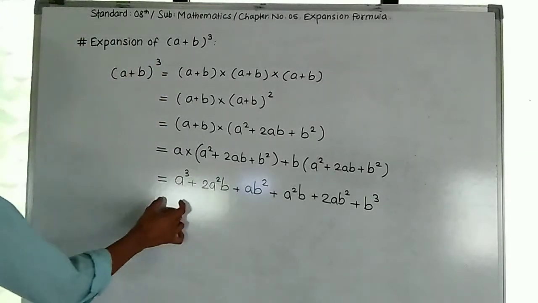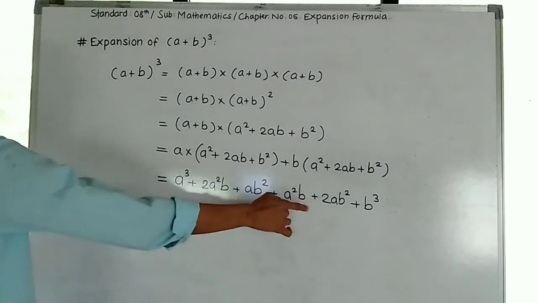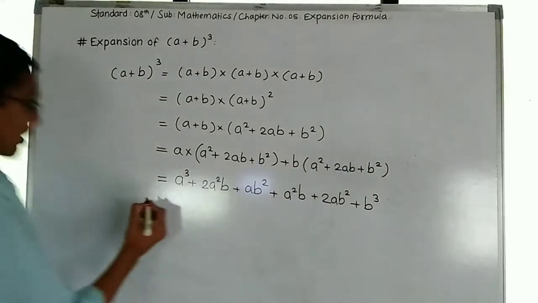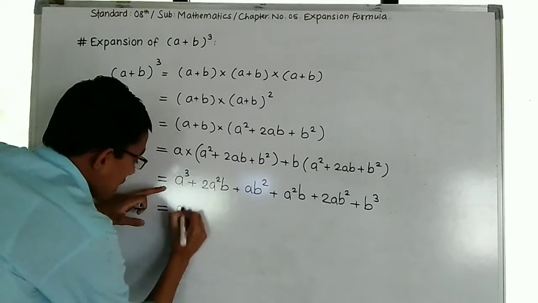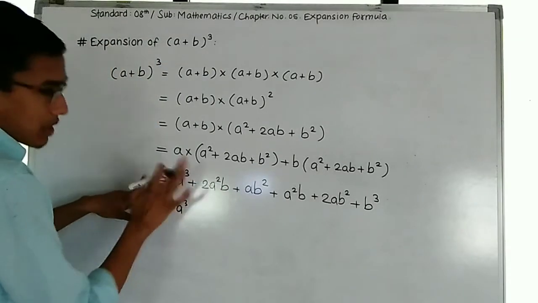Now we have got a^3 + 2a^2b + ab^2 + a^2b + 2ab^2 + b^3. We are going to simplify it. I will keep a^3 as it is, as there is no other term having the power 3 and variable a.